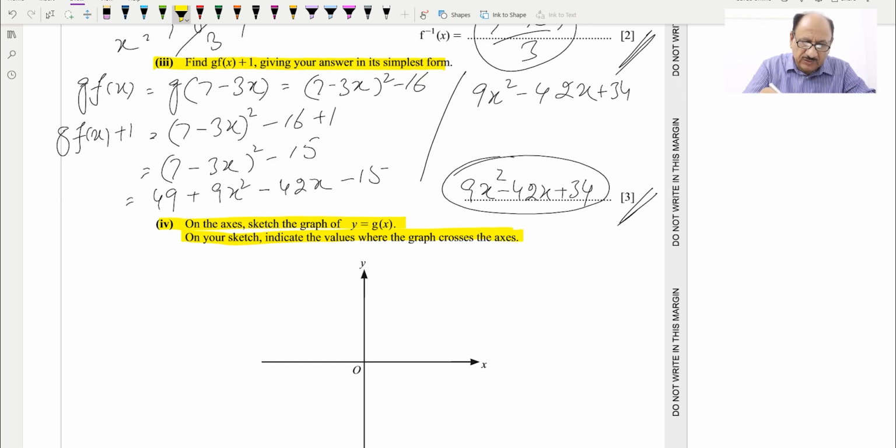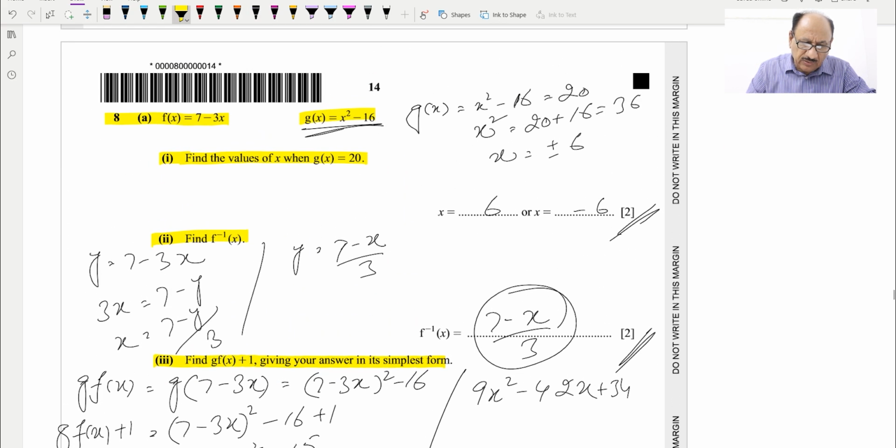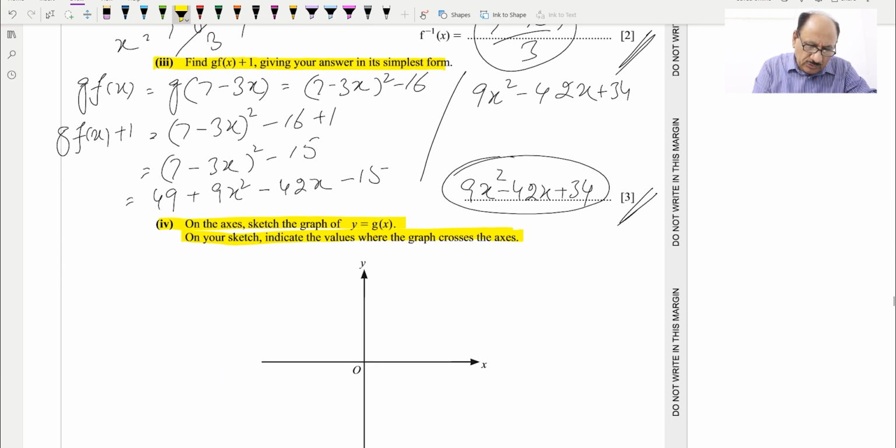On your sketch, indicate the values where the graph crosses the x-axis. So the x-intercepts are required to be mentioned. g of x is x² - 16. So we can write g of x is equal to x² - 16.